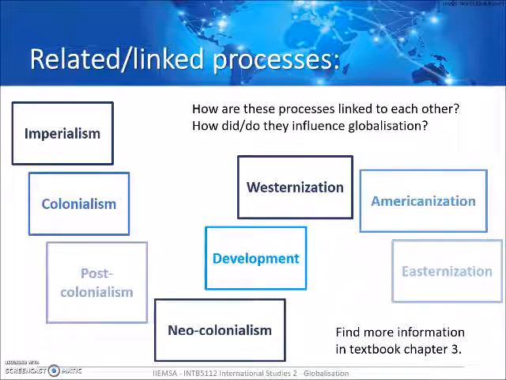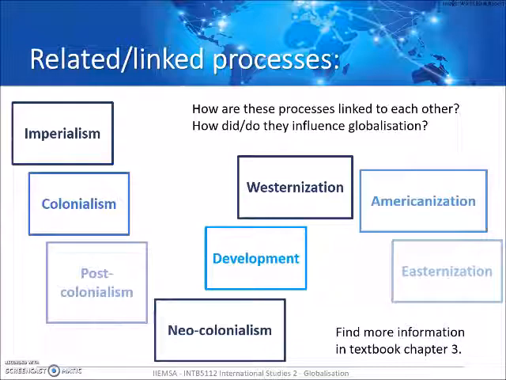We have what is called post-colonialism, which is basically the structural remainders of colonialism, which are still present in the countries, be it in terms of economic structures or financial institution structures.